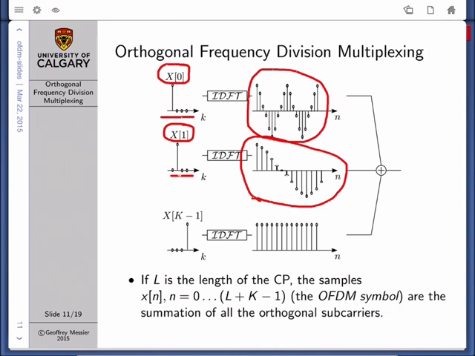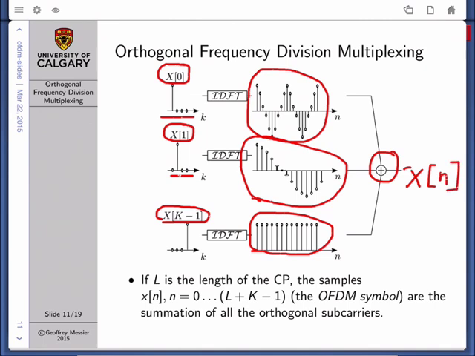Then, our final orthogonal subcarrier x of k minus 1 is the QAM modulation magnitude and phase for this sinusoid. We take the inverse discrete Fourier transform of this. In this particular case, it has a 0 oscillation frequency. And then we take all of these orthogonal sinusoids and we add them together. And then our resulting transmitted signal is little x of n.